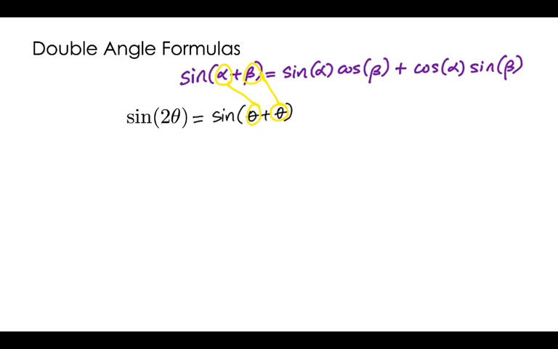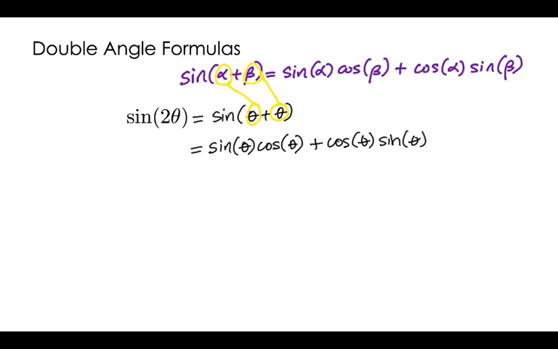So when the formula says alpha or beta, I'm going to replace it with a theta. So sine alpha, which is theta, cosine beta, which is theta, cosine alpha, sine beta, and I get this.